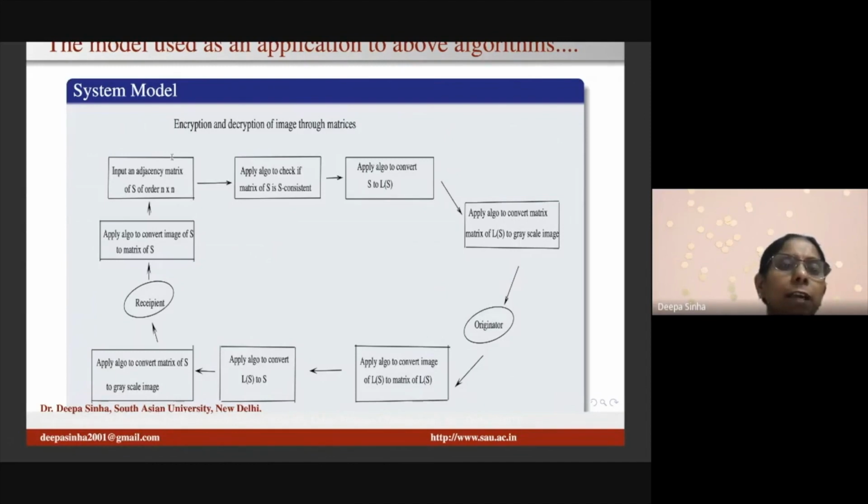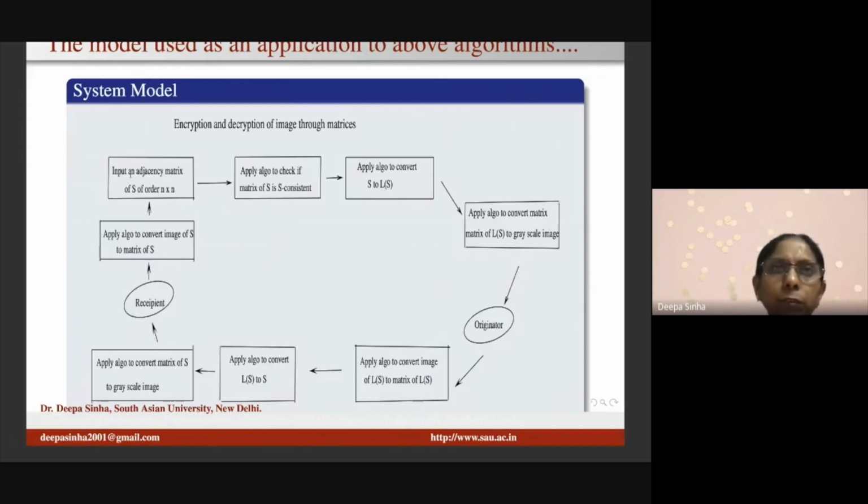First of all, every graph can be represented by a matrix. So by the adjacency matrix, we convert the sign graph, the signed network which is to be transferred, and we also want to make sure that it is not vulnerable to attack.